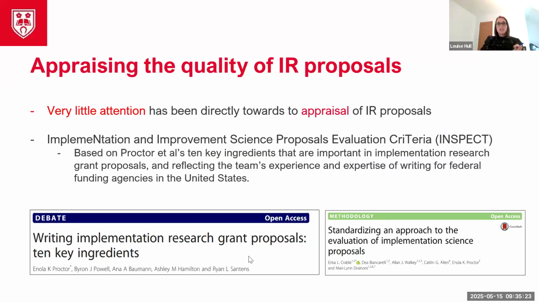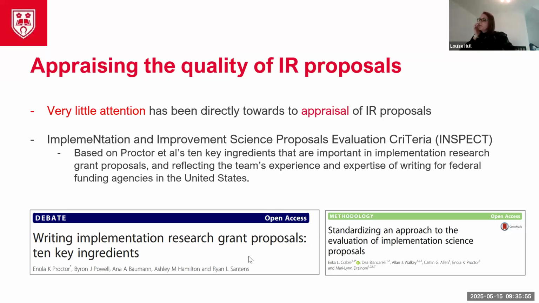But what we did find is actually there was a massive gap. Although there were so many resources for designing implementation research, so many guidelines for reporting implementation research, very little attention had actually been directed to appraising the quality of implementation research proposals. And what we didn't know at the time when we started to think about developing ImpResPAC is actually there was a team based in the States that were also doing the same thing.